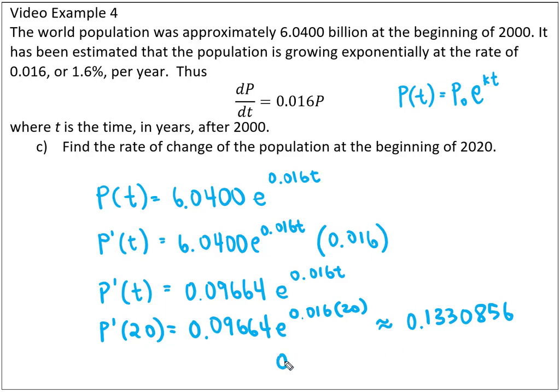So that'd be 0.1331 billion people. That would be per year. As always, it's going to be dP dt, so that's going to be the change in population over the change in time. So that's going to be an increase of 0.1331 billion people per year.